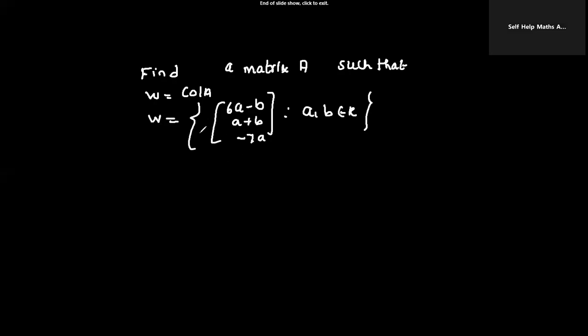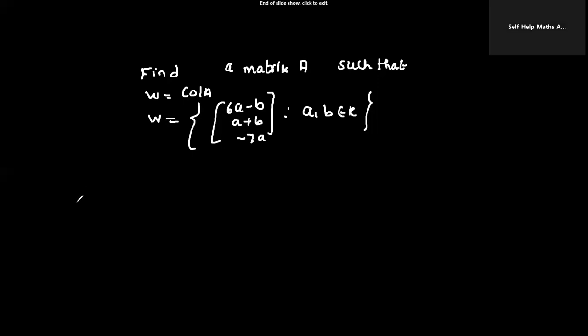Now first we will write our W as a linear combination of a and b. We are focusing on the linear combination because the column space is nothing but a linear combination of the columns present in the given matrix.